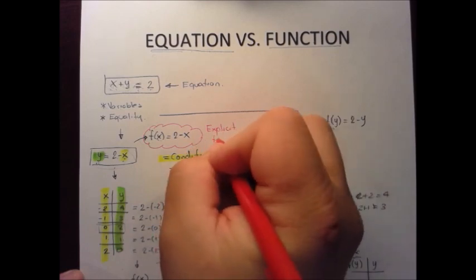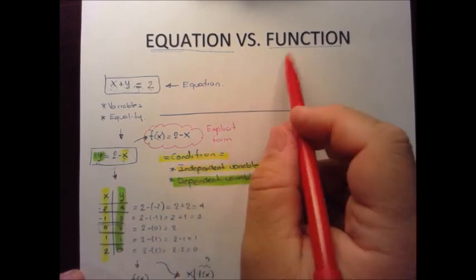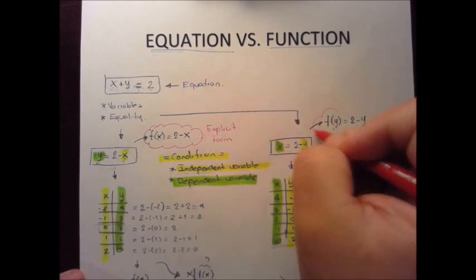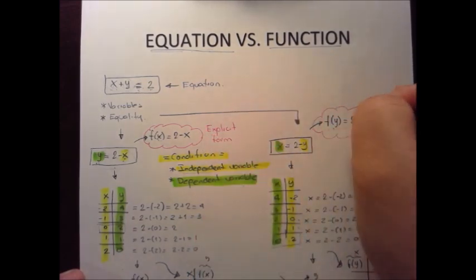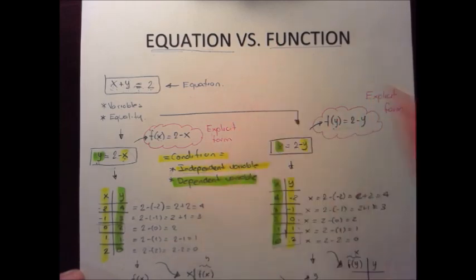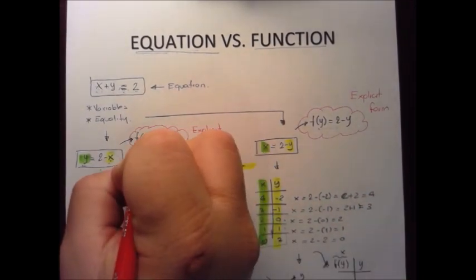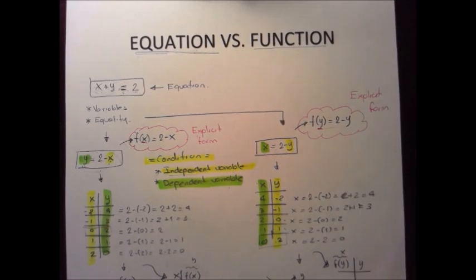Explicit form of a function. This is going to be again an explicit form of a function. Why are both explicit? Because you can clearly see what the independent variable is.